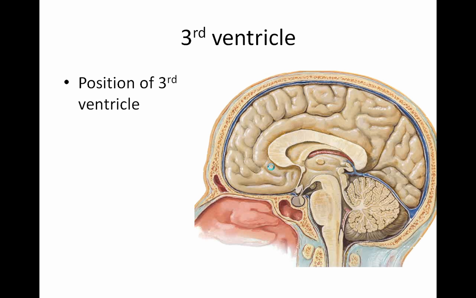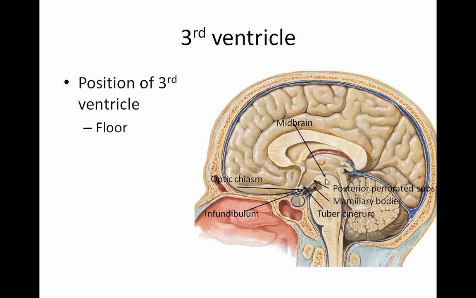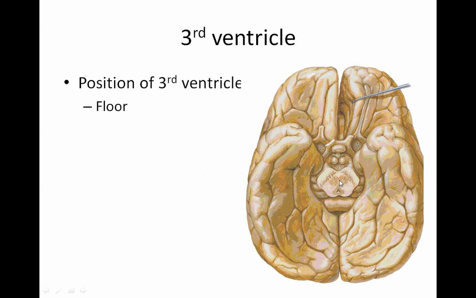So from front to back, the structures which form the floor of the third ventricle, which incidentally is this space here, are the optic chiasm, the infundibulum or pituitary stalk, the tuber cinereum, behind this the mammillary bodies, and behind the mammillary bodies we have the posterior perforated substance, and finally the upper surface of the midbrain, before the third ventricle leads backwards to the cerebral aqueduct behind.